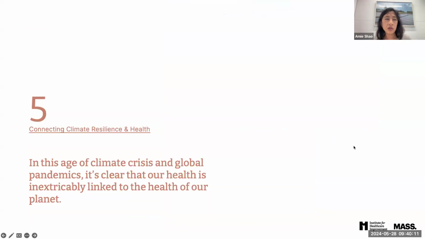So that's a good transition to this last subsection, which is about connecting climate resilience, the bigger picture of our global planetary health and our individual and community health. So in this day and age, it's very clear that our health is linked to the health of our planet.